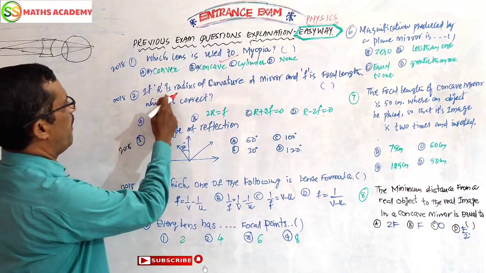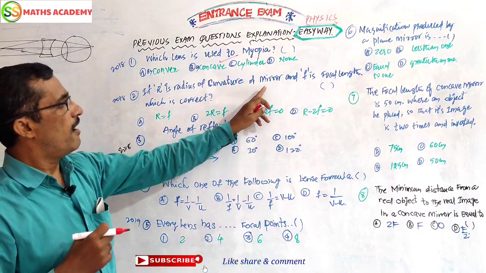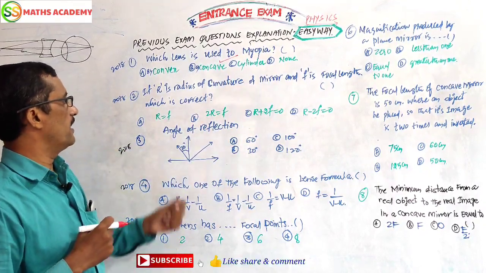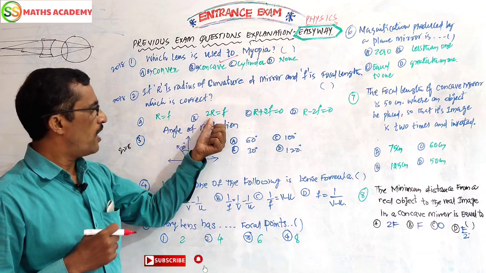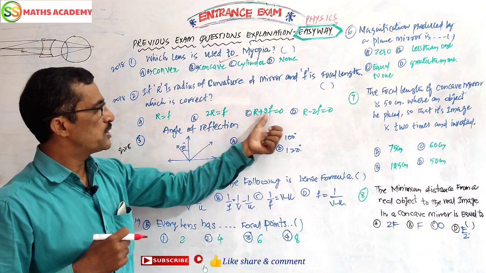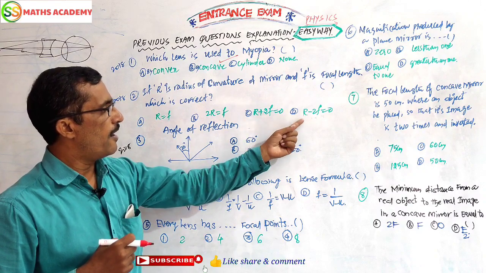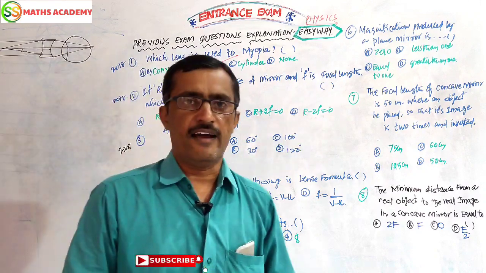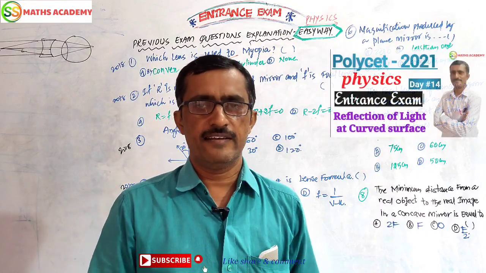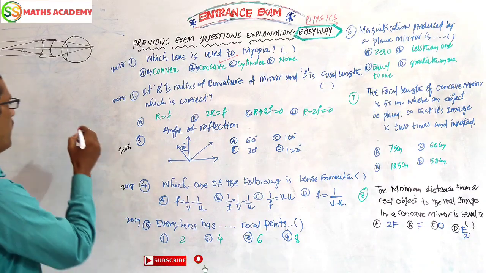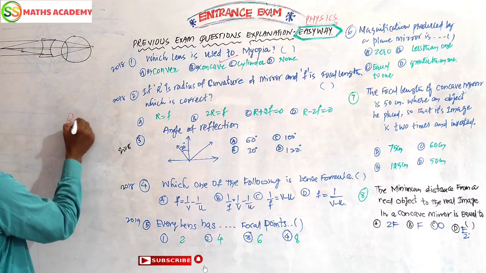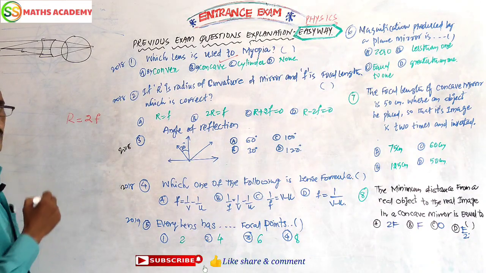Next, if R is the radius of curvature of a mirror and F is the focal length, which is correct? R equal to F, 2R equal to F, R plus 2F equal to 0, R minus 2F equal to 0. You already know the relation between radius of curvature and focal length: R equal to 2F.